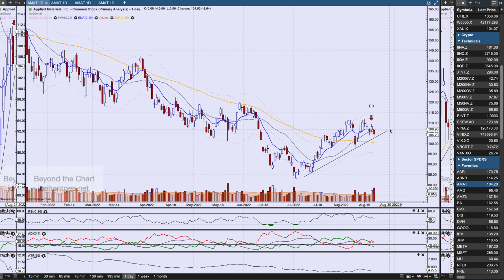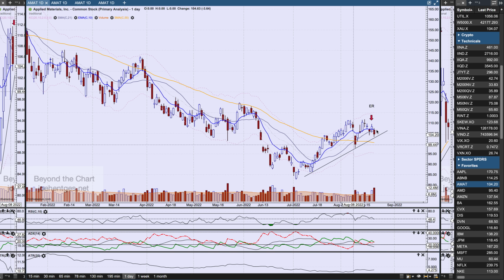The very next day, opened down. It opened at 106.63, down about 1.6 points, and just continued to sell off and closed down $3.64. So not a very positive reaction to their earnings picture in here.